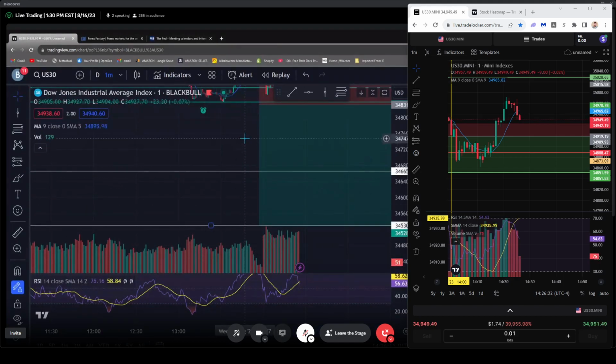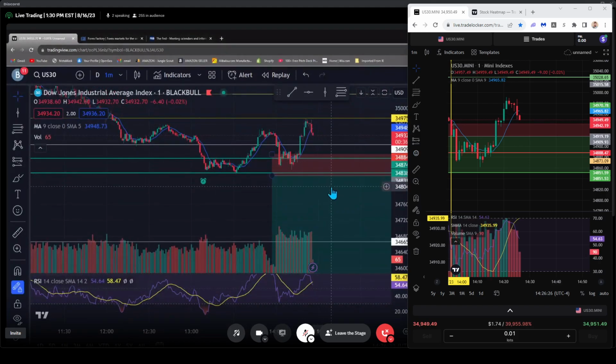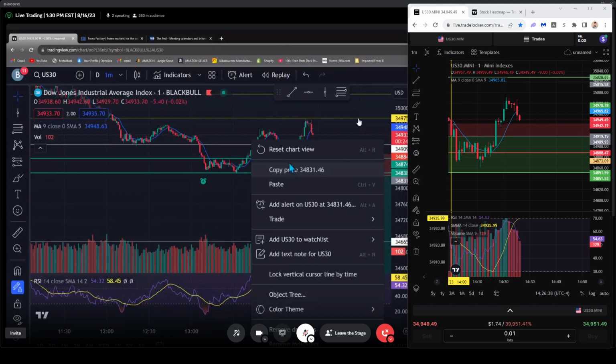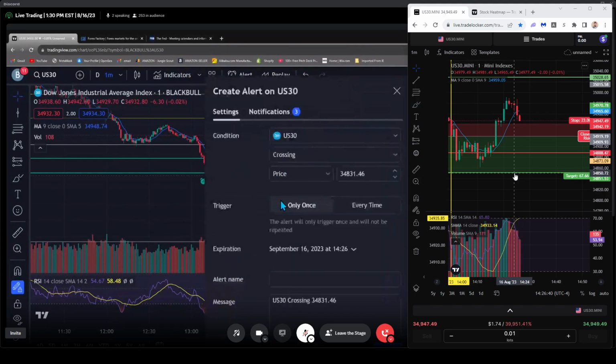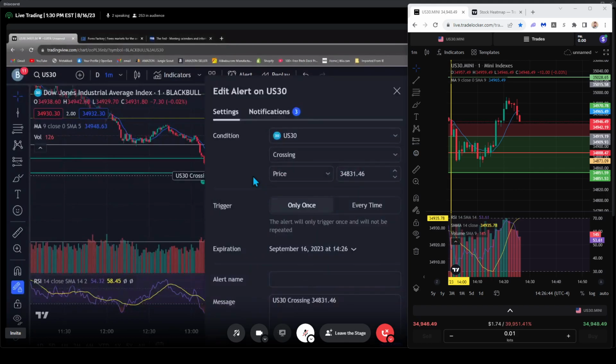So this is a safe area to know when this consolidation or this back and forth is done, and that's a good entry. So just wait for that. I'll put an alert there. If you want to do a market execution at that alert, you can, or you could input the entry.